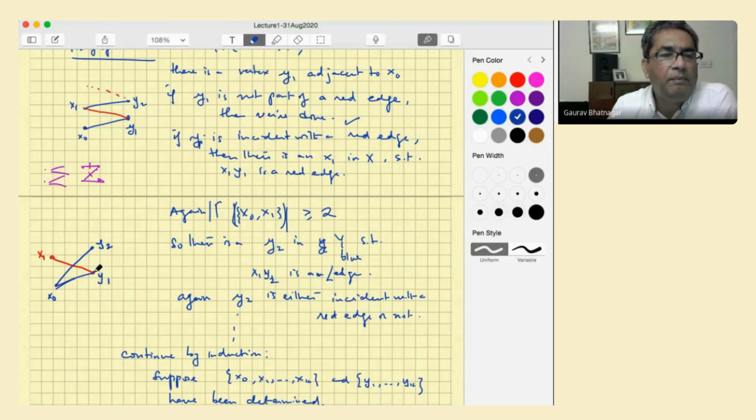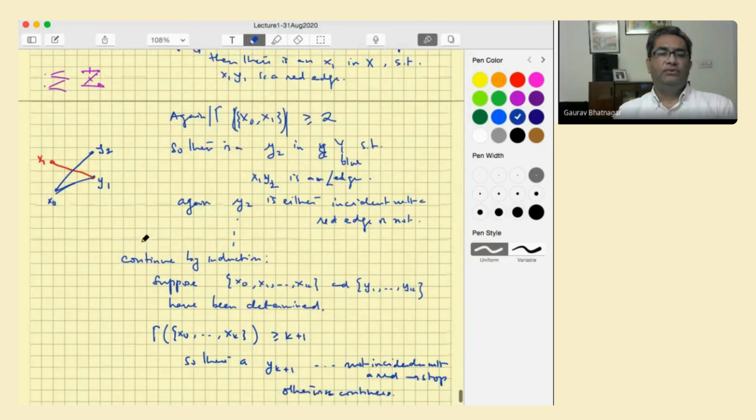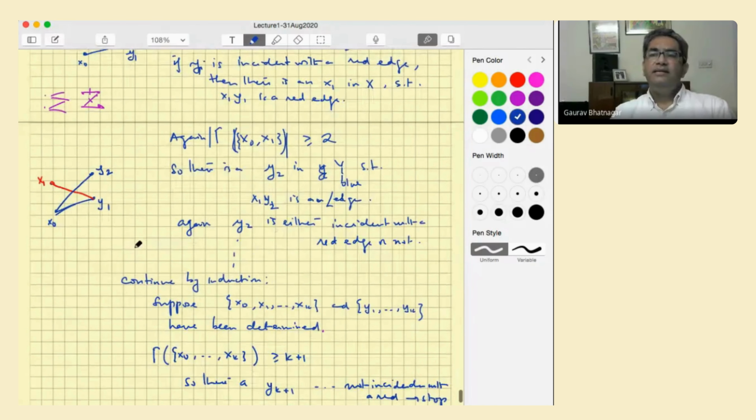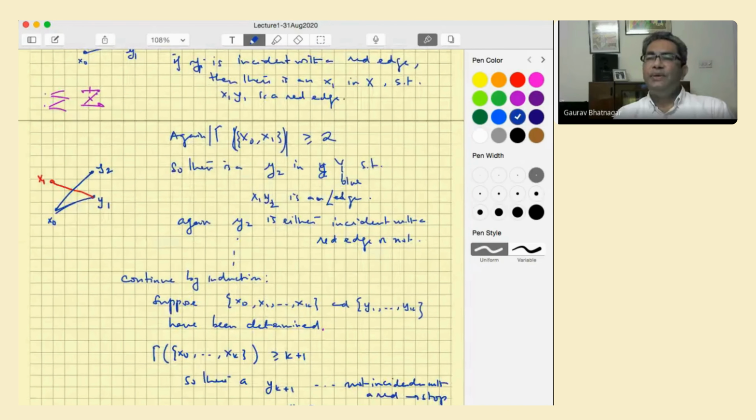So if there was a blue edge here, and you're saying there is no red thing over here, okay, now you have successfully confused me, which is not a difficult task, but anyway, let me see.